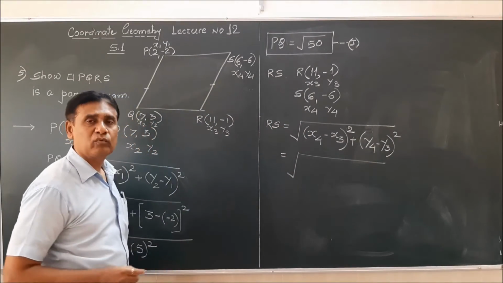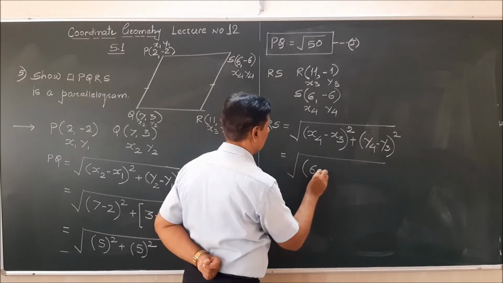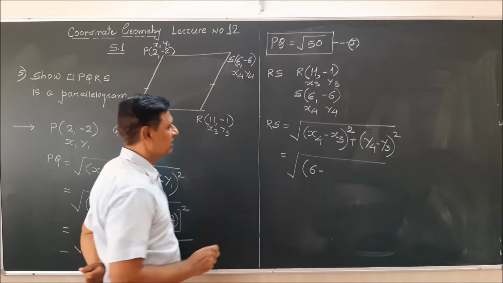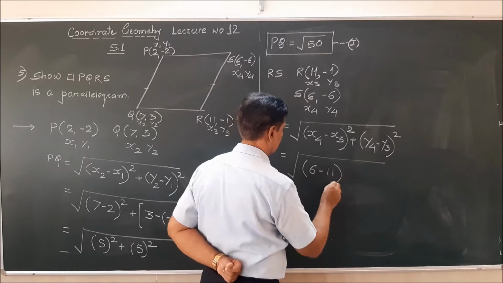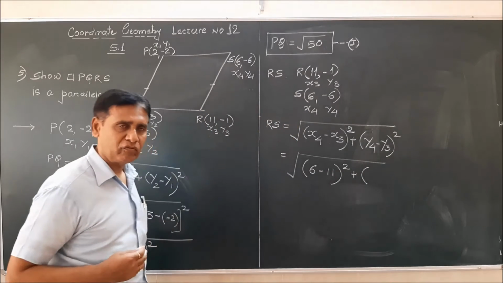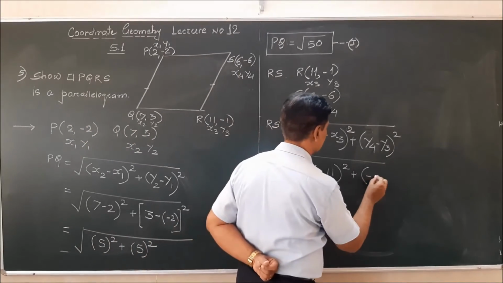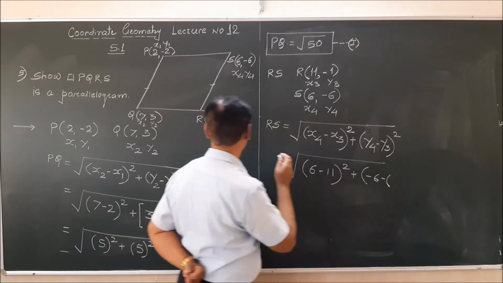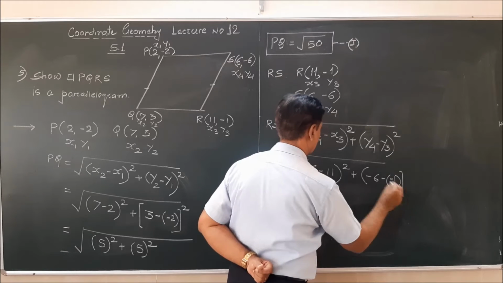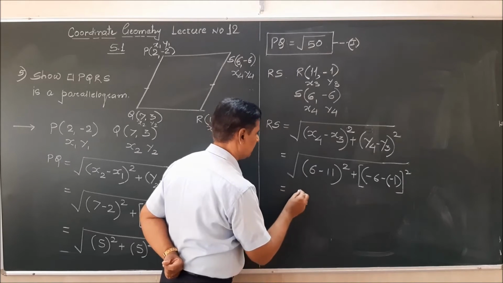Now x4 is 6, so I take 6 minus x3. What is the value of x3? 11. So 6 minus 11 the whole square, plus the value of y4, which is minus 6. Be careful again here: y4 minus of minus 1. Very important. Square over here.